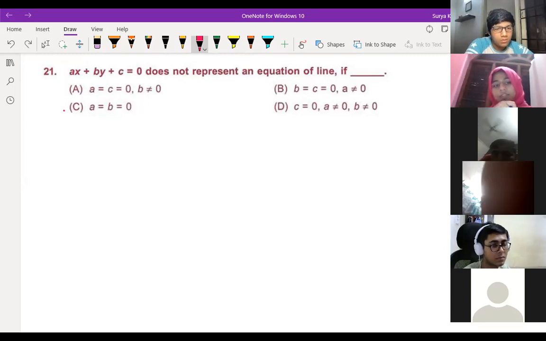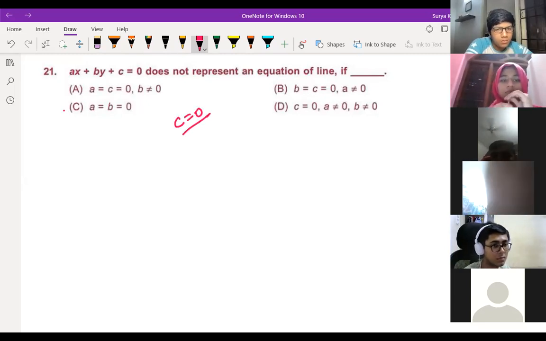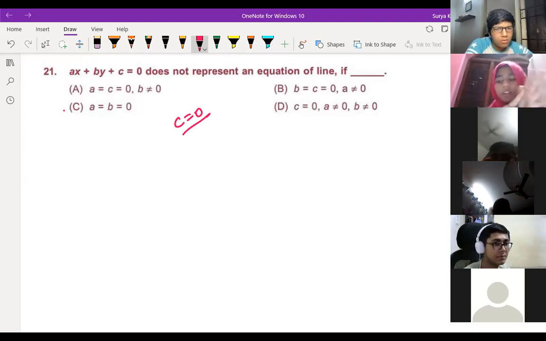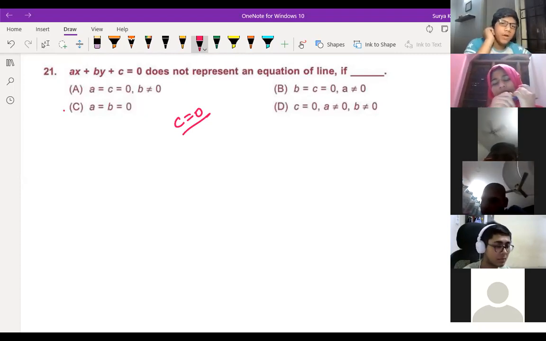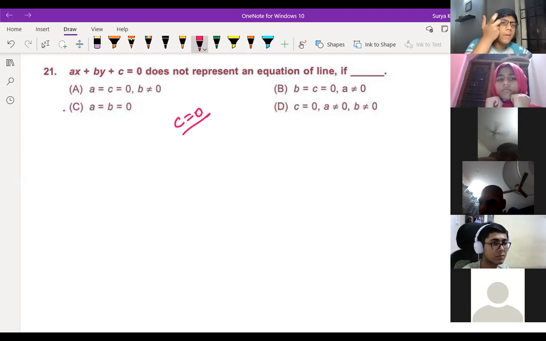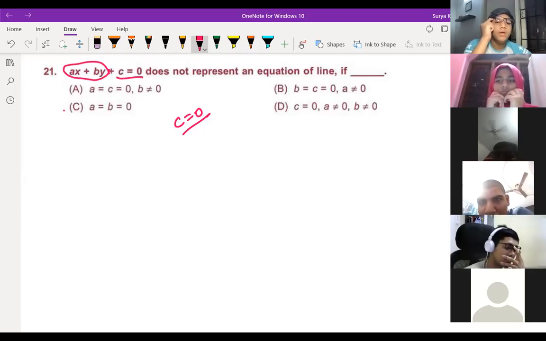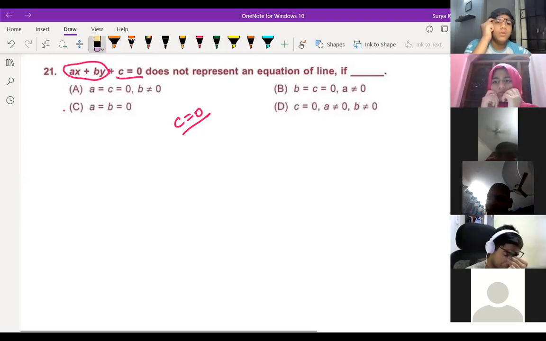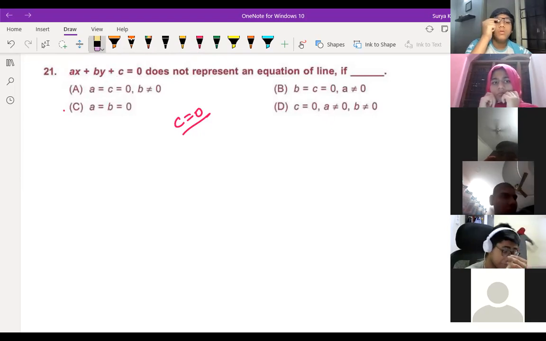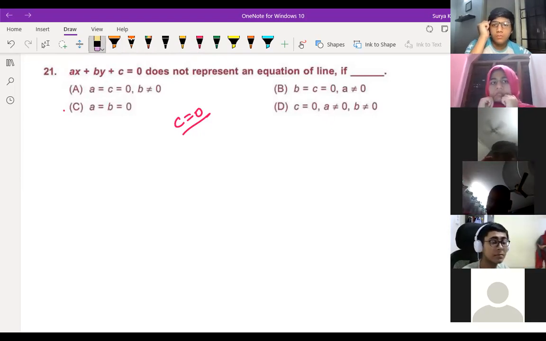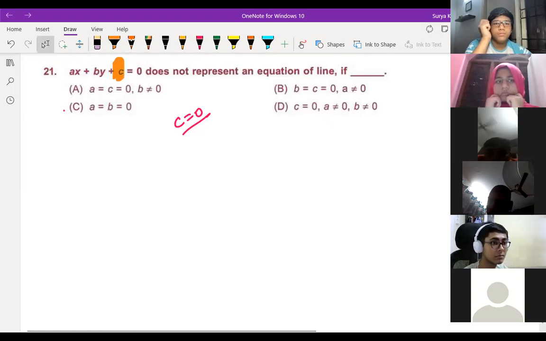C is equal to 0, how will it be a line? It's on the axis only. If you take x plus y is equal to 0, it's a line, and c is equal to 0 in that. Both a and b cannot be 0. This is your constant term, right?